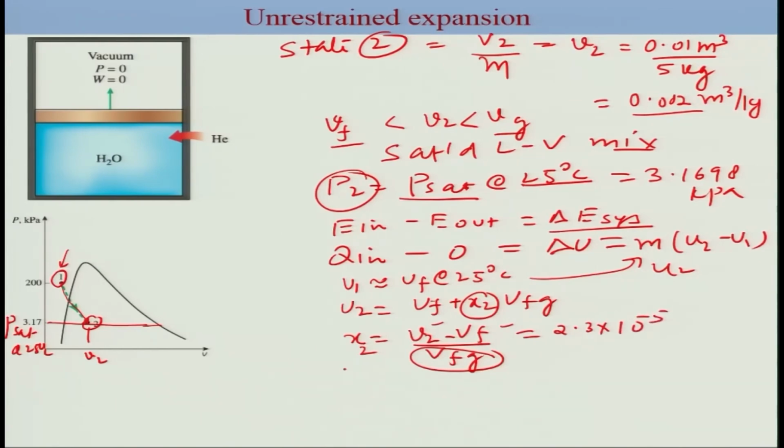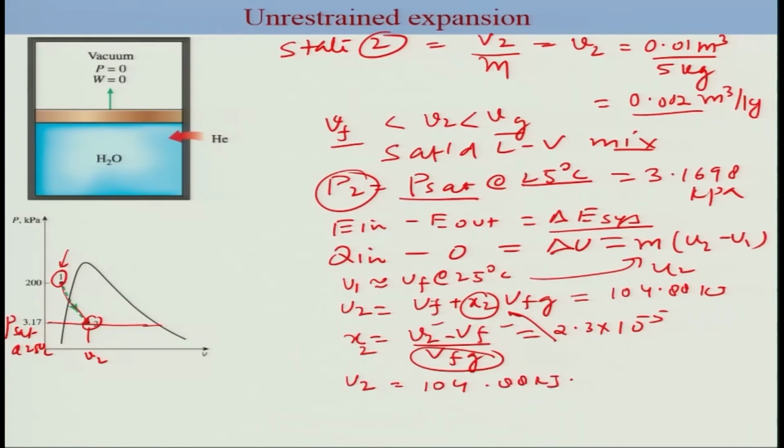From here you can plug this in and use the uf and ufg, the specific internal energy from the table. From there you can obtain the value, and it turns out to be 104.88 kilojoules per kg.